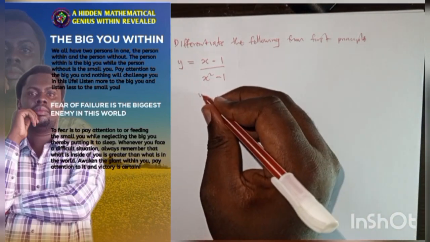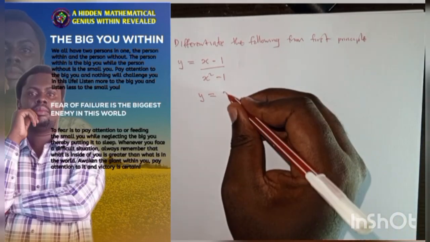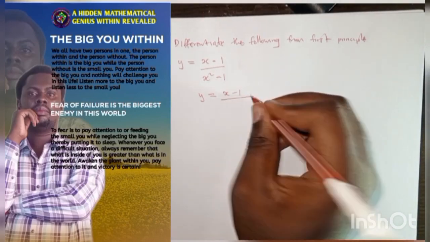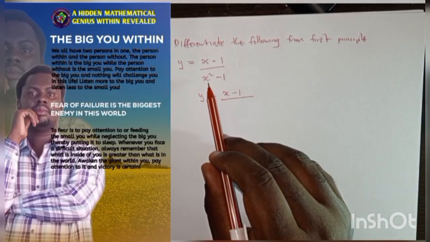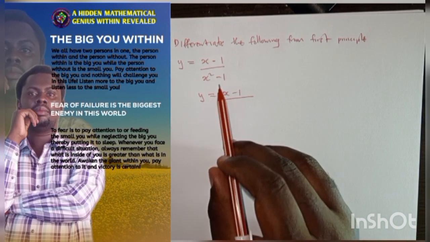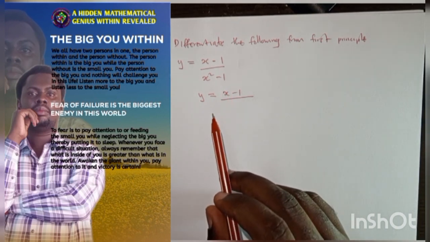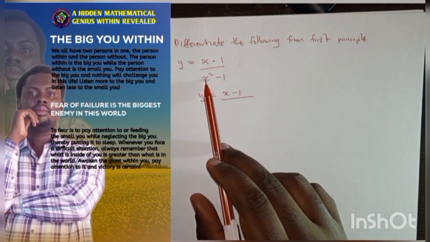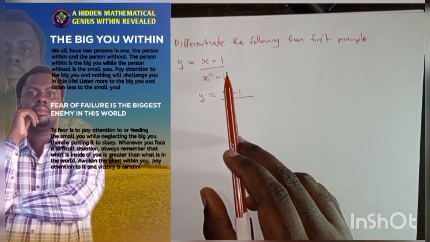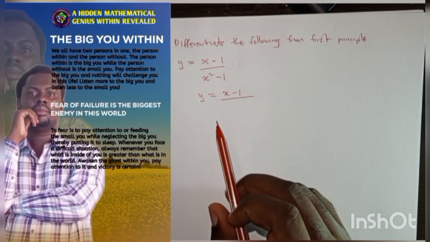So we have y is equal to (x minus 1) over this denominator, x squared minus 1, which can be factorized by difference of two squares, since x squared is a perfect square and 1 is a perfect square, and we have a minus there.